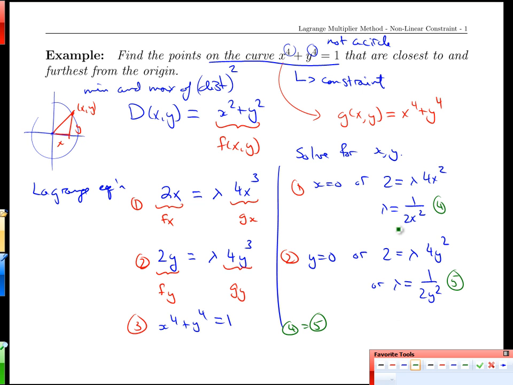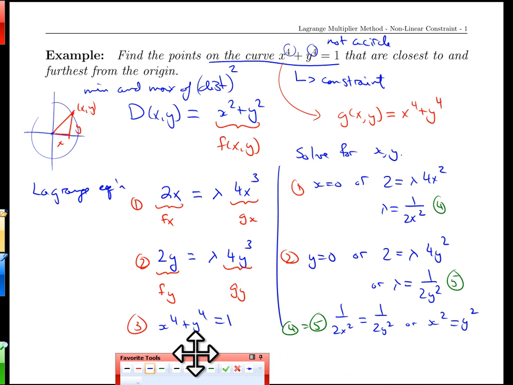And we obtain 1 over 2x squared equals 1 over 2y squared, or x squared equals y squared. And that can be more simply put as y equals plus or minus x, or y equals negative x.